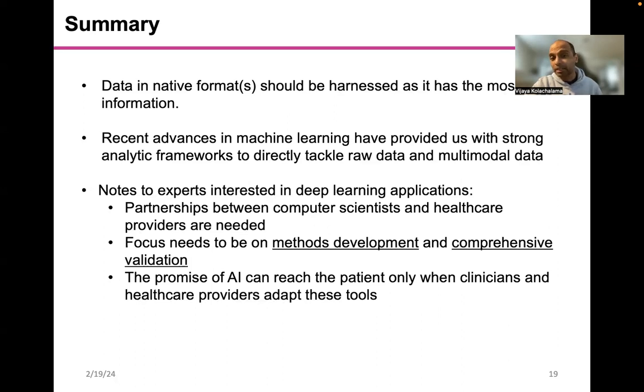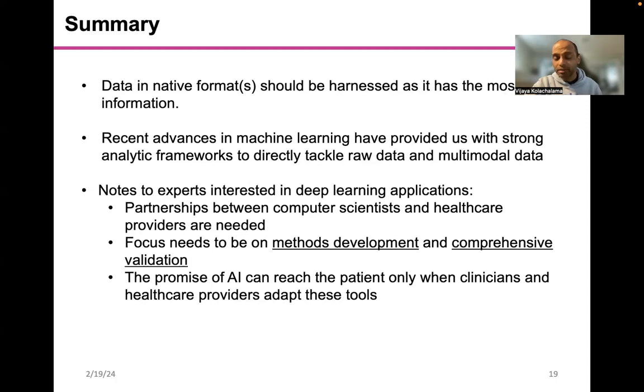But before we do that, we need to think about a few aspects that I'm summarizing here. The first thing is, when we think about data, we need to think about how to process the data in its native formats. We need to collect data in native formats, and think about how to harness that raw data, because I think it has the most information.